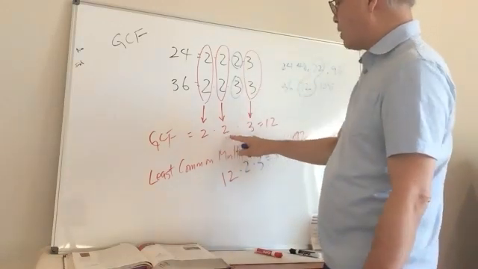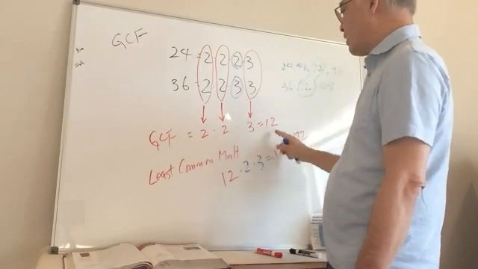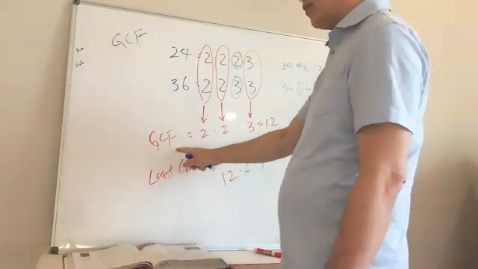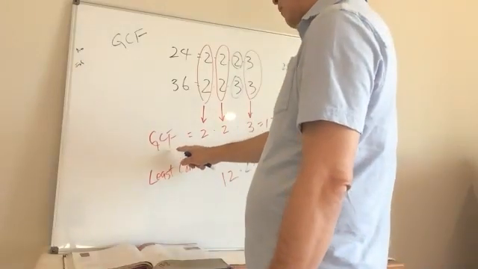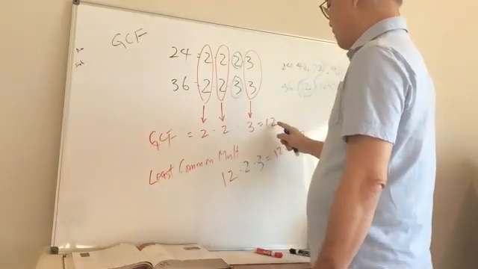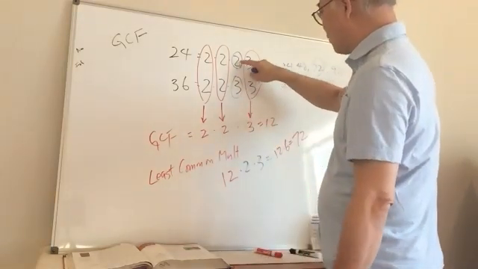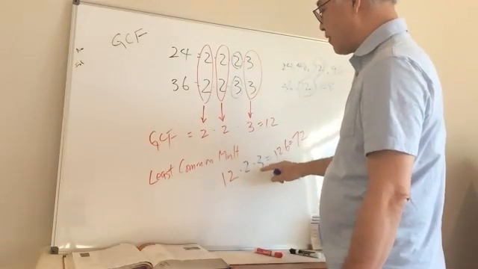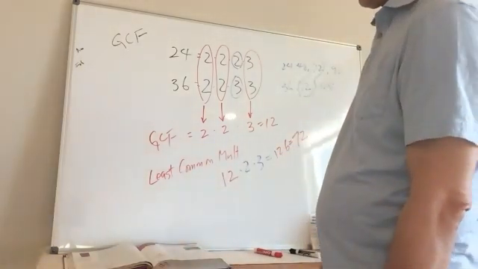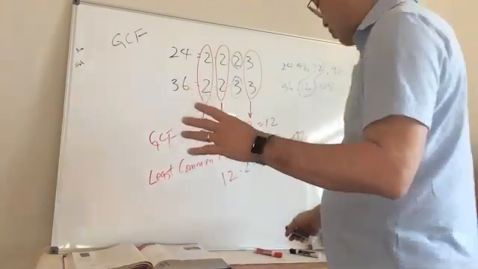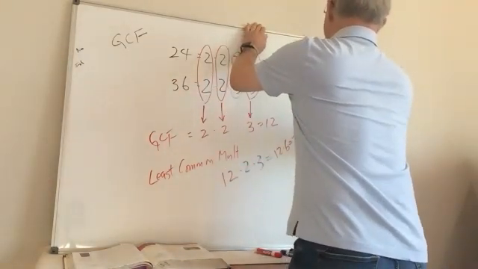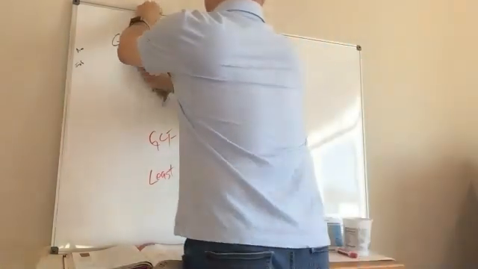And you multiply these 3 together to find the greatest common factor, okay? And then you're gonna do what? You're gonna find the leftovers and multiply those together to find the least common multiple. Okay, so there are the 3 or 4 steps there, okay? So let's go ahead and do another one and see if this sticks, okay?